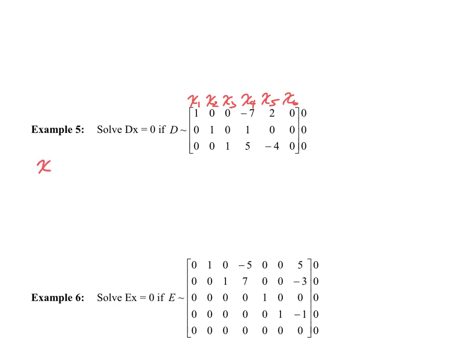So x sub 1 equals 7x sub 4 minus 2x sub 5. Personal preference, I like to do it this way, but if you want to write it out and then move some things around, that's fine too.